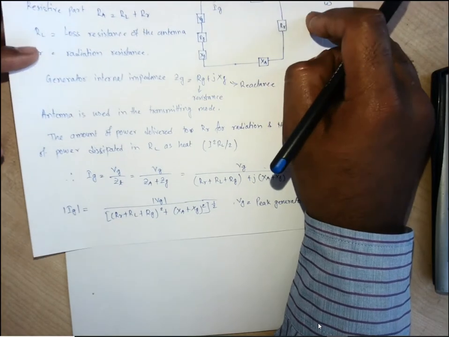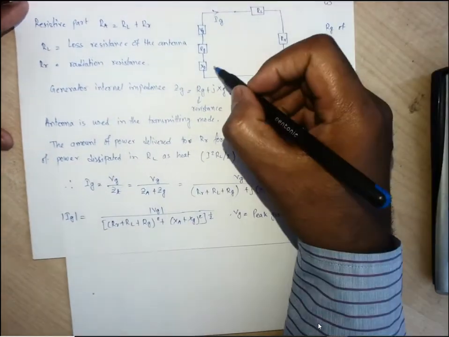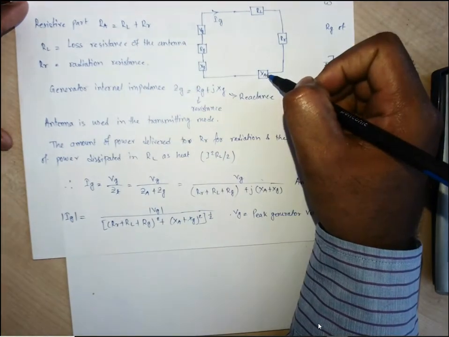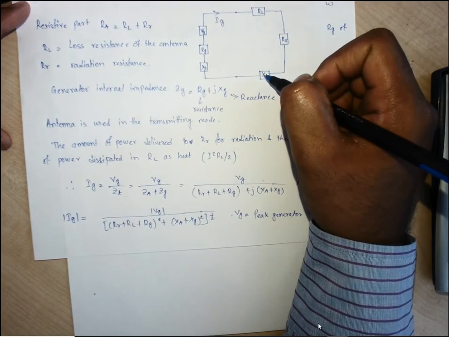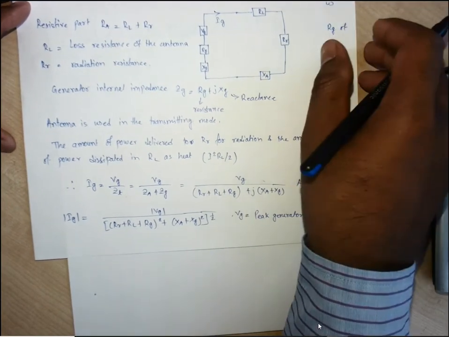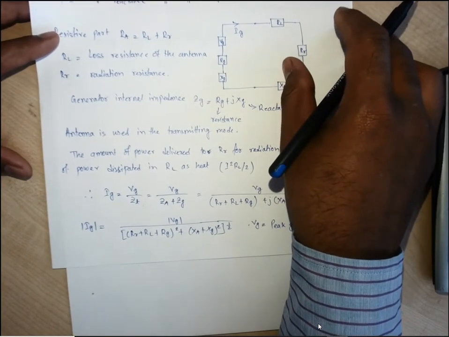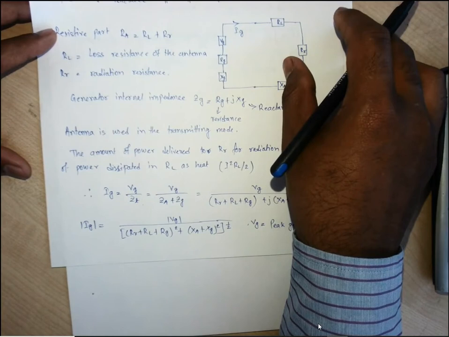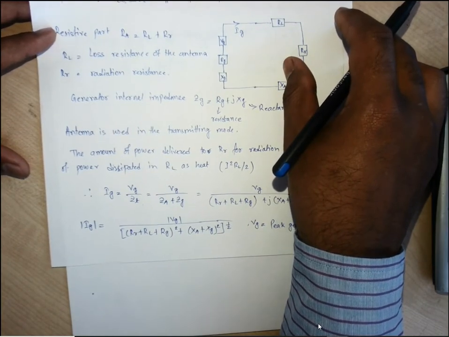We also need total reactance to be 0, that is Xg plus Xa should be 0. So Xg should be equal to negative of Xa. Under resonance condition only this is possible. When the circuit is under resonance, the reactance will be 0 and only resistance comes into picture.